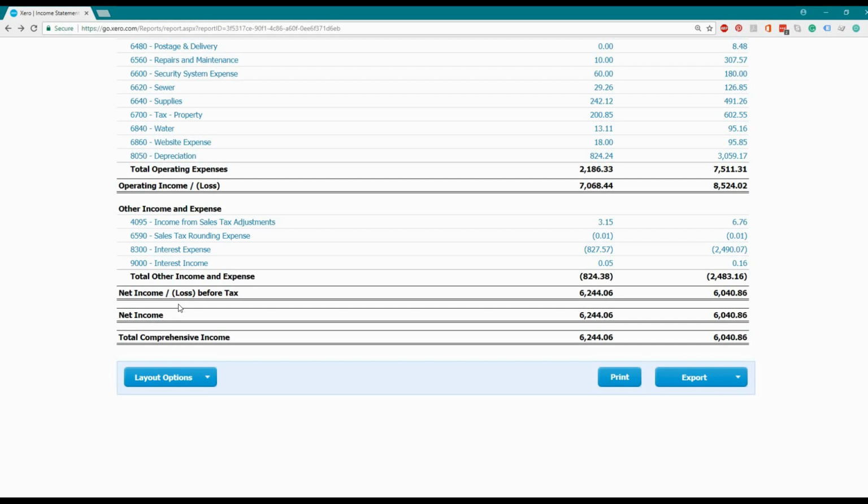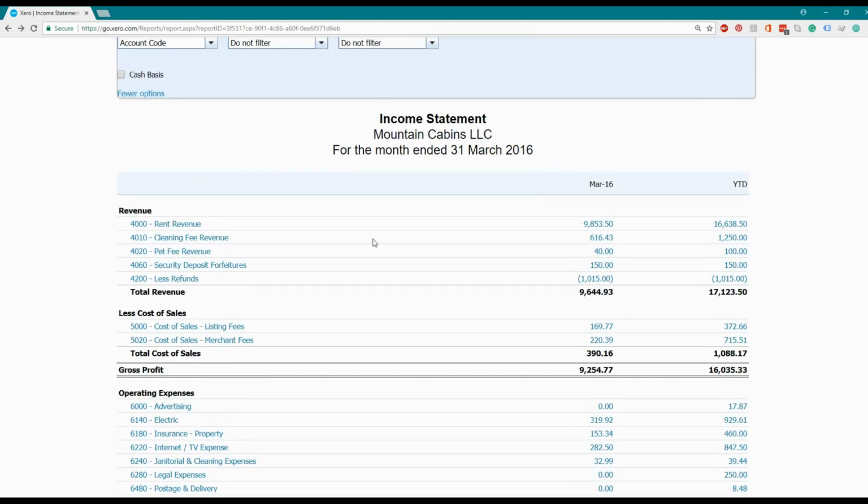Some other things that you may see on yours that are not on this particular income statement. Again, we mentioned you may have other forms of revenue. Maybe you have a vending machine on your property, so we might have a category for vending machine revenue. We would customize that for your business.